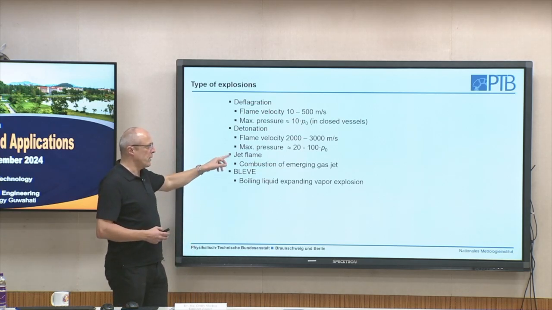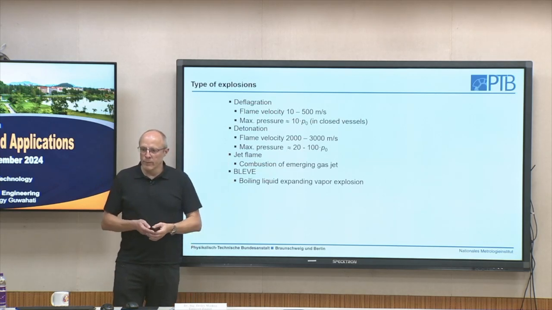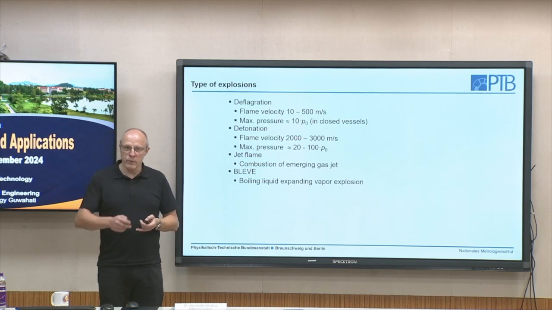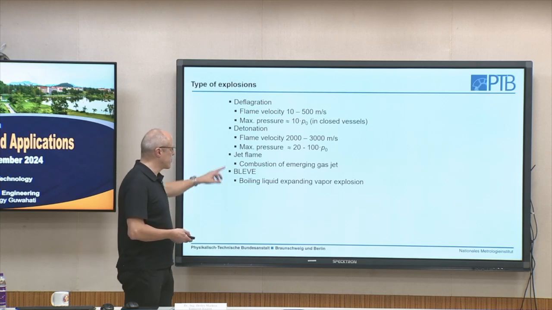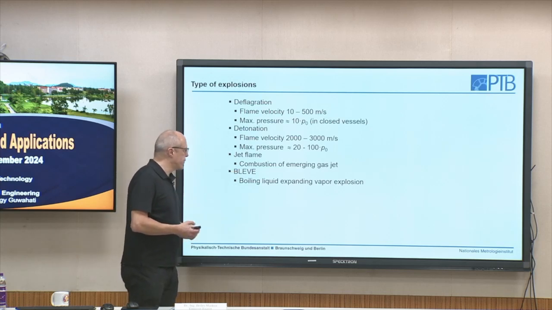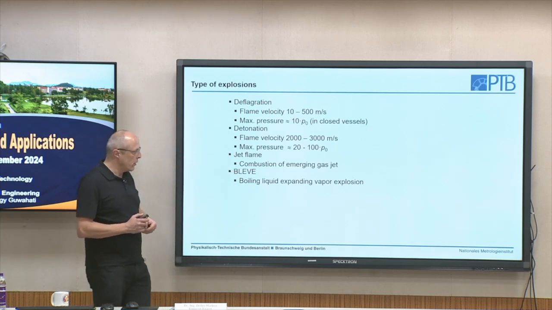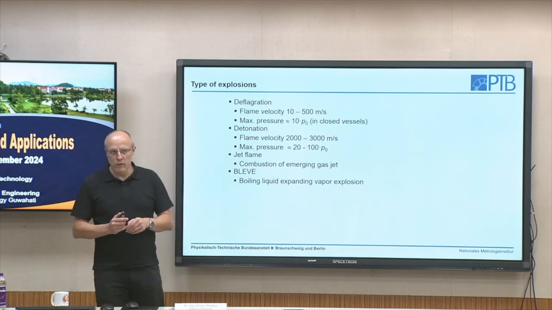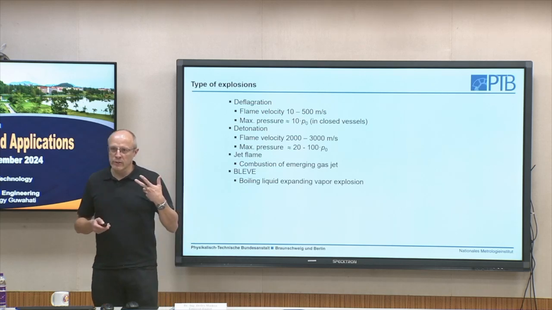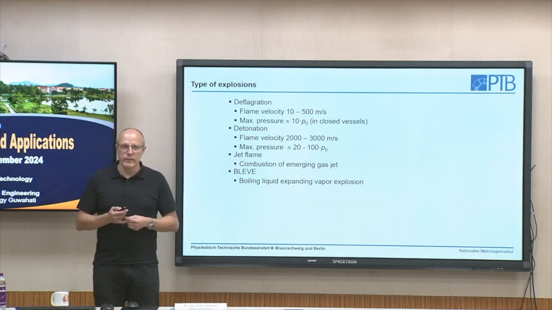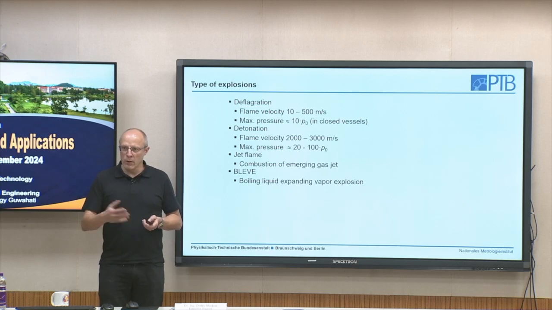We can have jet flames, so when you have, for example, a leakage at a pipeline and you ignite the gas jet coming out of this pipeline, you will have such a jet flame. And BLEVEs, boiling liquid expanding vapor explosions, you could look for this on YouTube. A typical accident: you have a tanker filled with gasoline, and then you have a fire below this tanker.